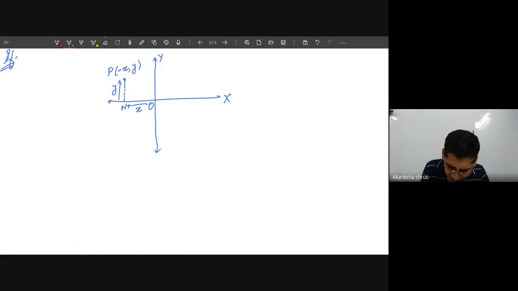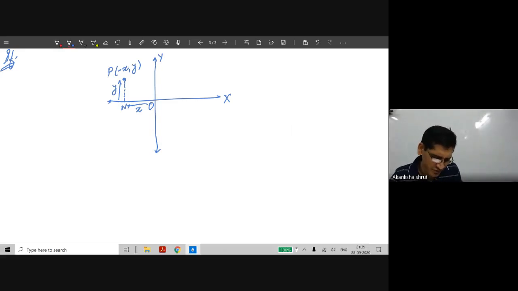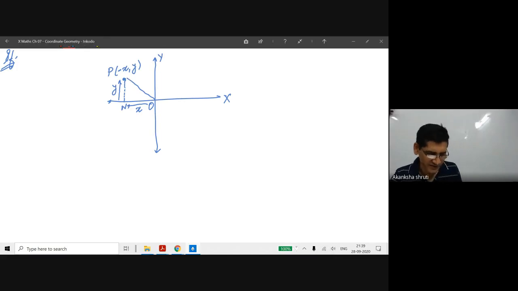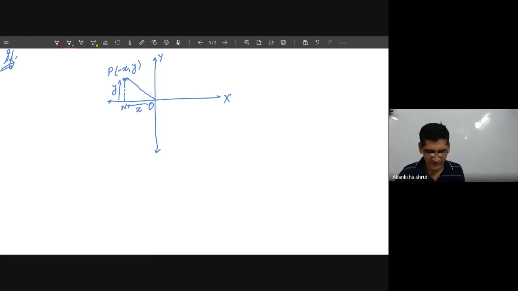Again, the distance of this point P from the origin simply means we have to start from O and reach up to P. What is this length that we want to know?